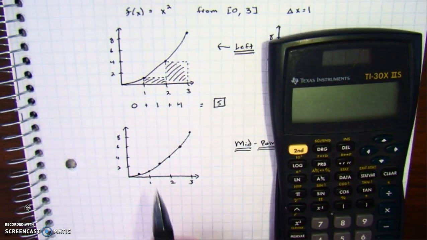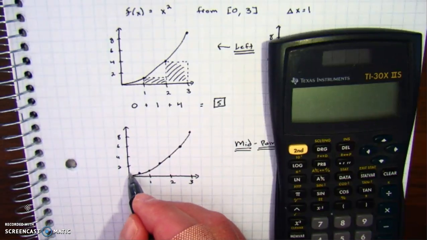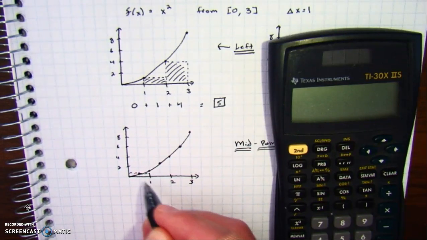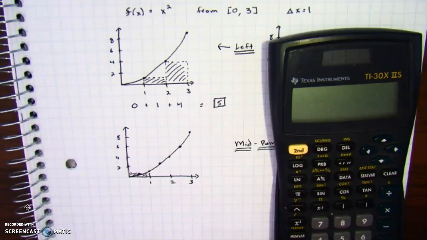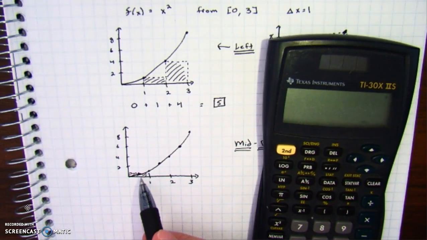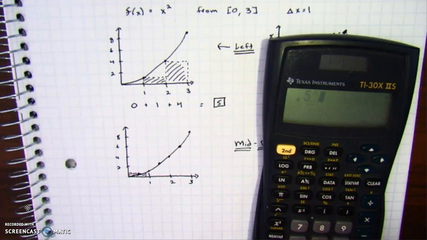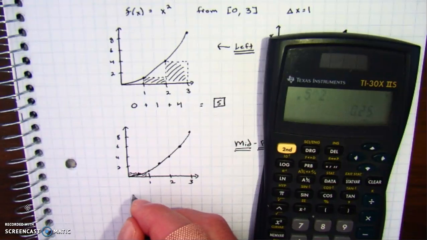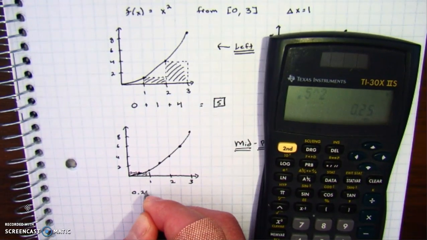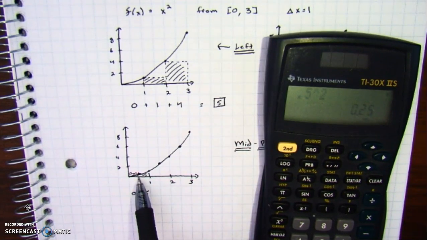Our base is going to be 1, but let's figure out what the height is for this first one. The midpoint between 0 and 1 is 1/2, so that's 0.5 squared, because that's our function. So this is 0.25. So we have 0.25 times 1, which is 0.25.